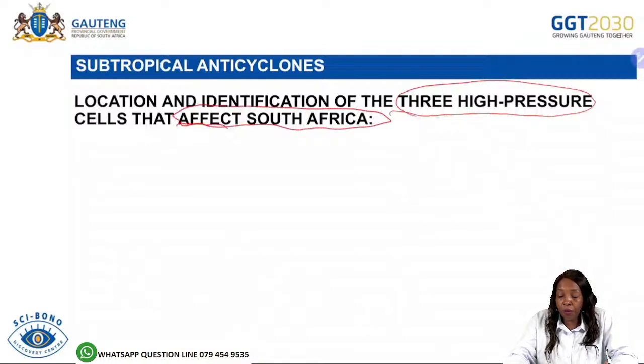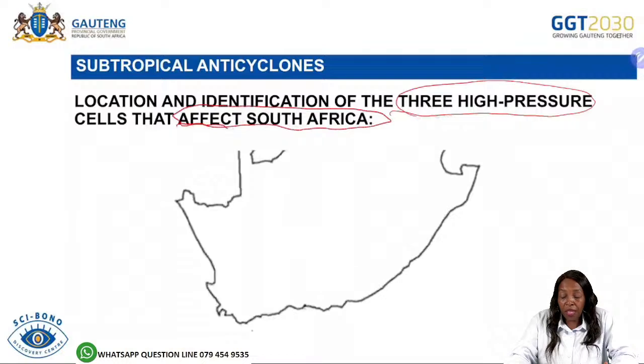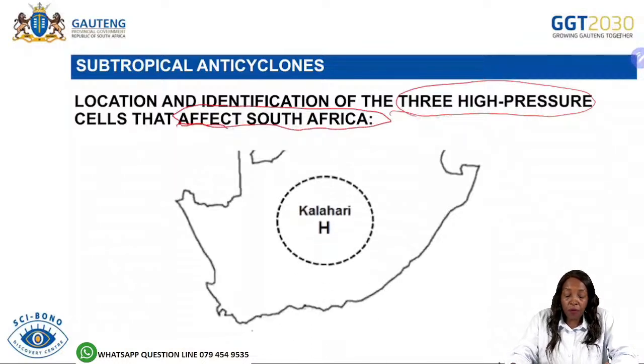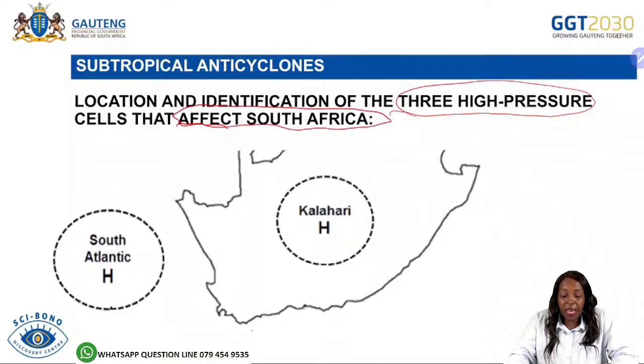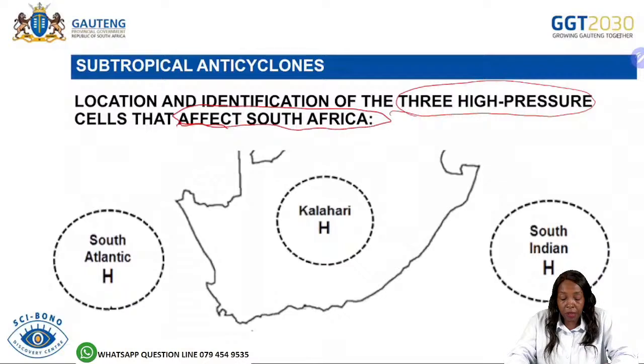Even from the diagram, you could see that that is exactly the location of South Africa within the 30-degree latitude. Right, first we have the outline of the South African map, and we are now going to look at the location of the 3 high pressure cells.